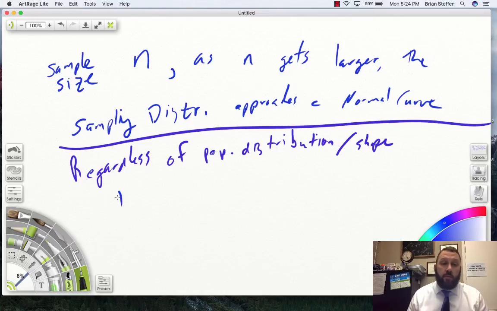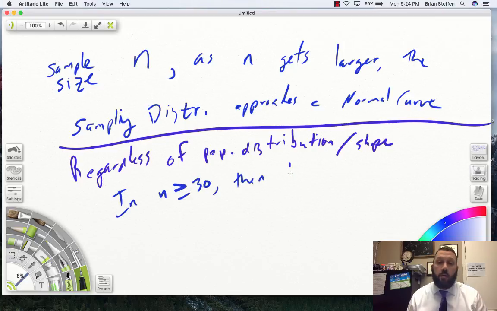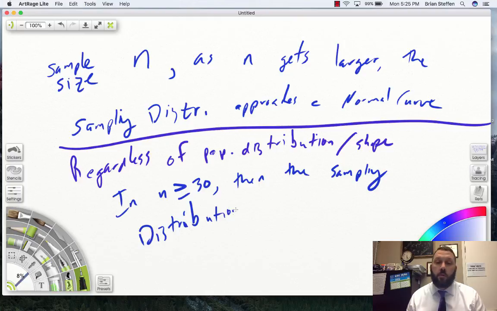If my sample size n is at least 30, then the sampling distribution is close enough for us to say it's approximately normal.